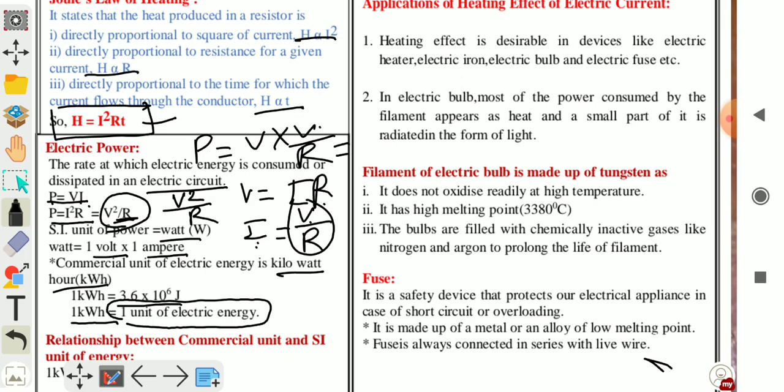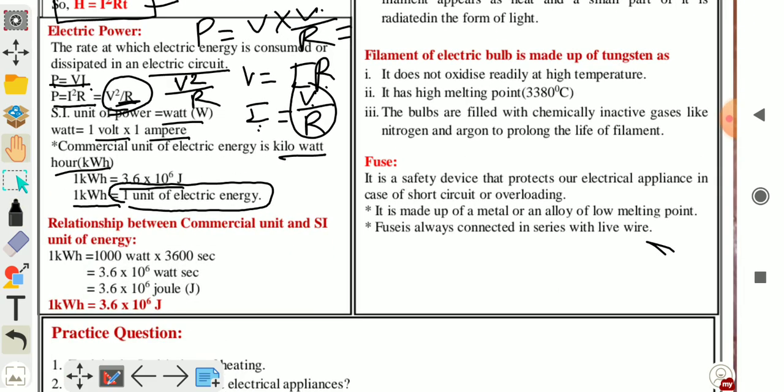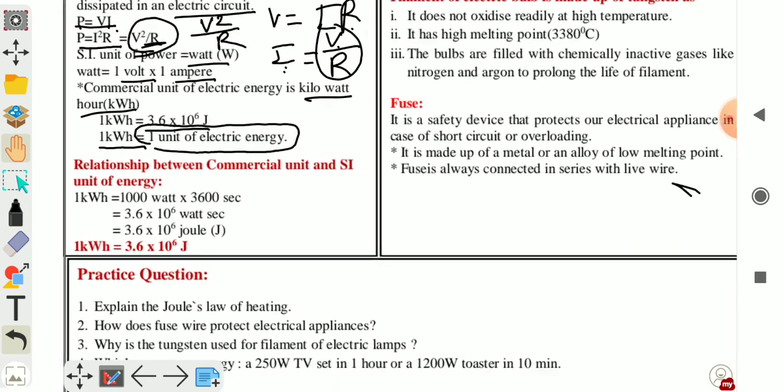Now, relationship between the commercial unit and SI unit of energy. So what is the relation between these two? 1 kilowatt hour equal to, kilo means 1000, 1 kilowatt means 1000 watt, and 1 hour means 3600 second.